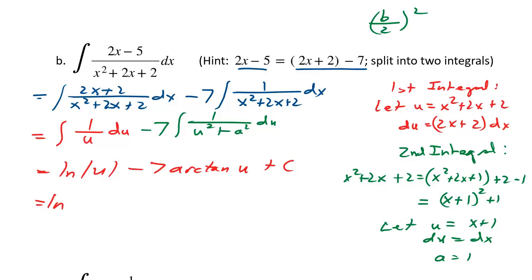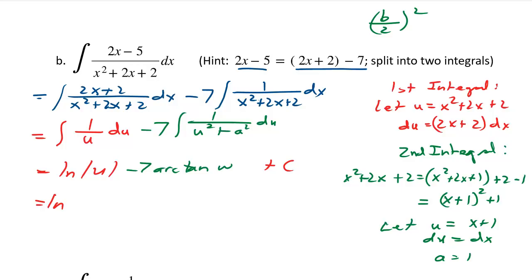For the second integral, you could use w. I should have color-coded this since I didn't do that. So here we'd have arctan of w, and we would have defined w as being x plus 1.